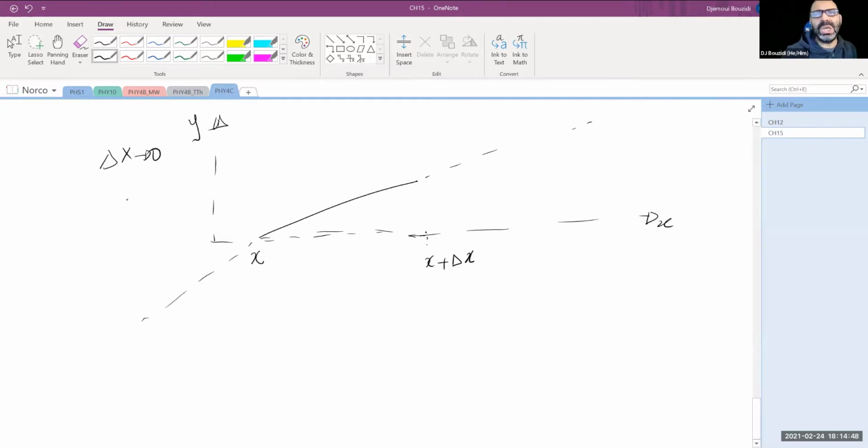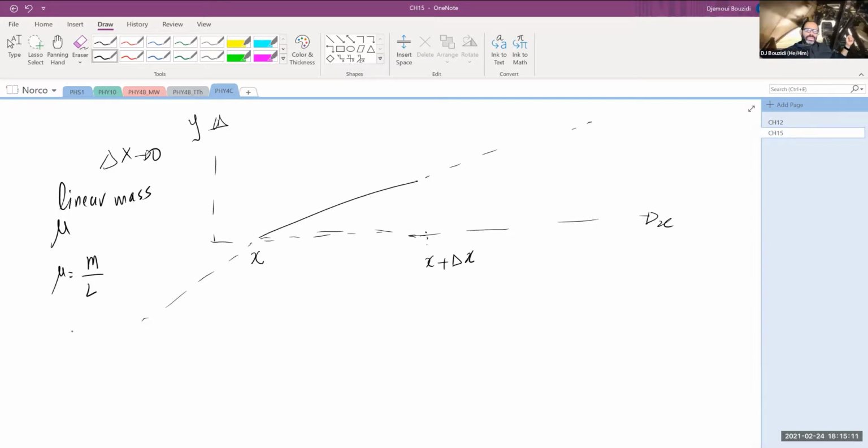Now, I'm going to assume that this string has a linear mass density mu. That means that mu, if I take the entire length of the string, is equal to the mass of the string divided by the length of the string. If that string is 1 meter long, and this is what we do in the lab when we do standing waves, by the way, we take 1 meter of the string and weigh it, and that is my mu.